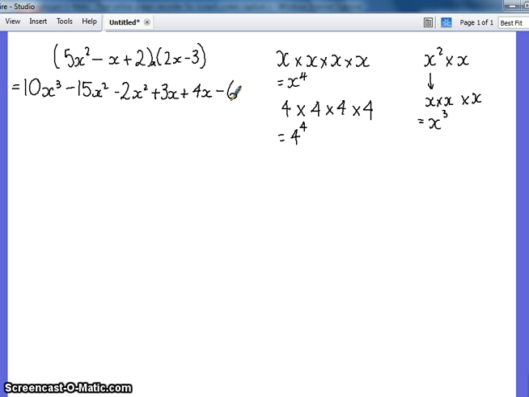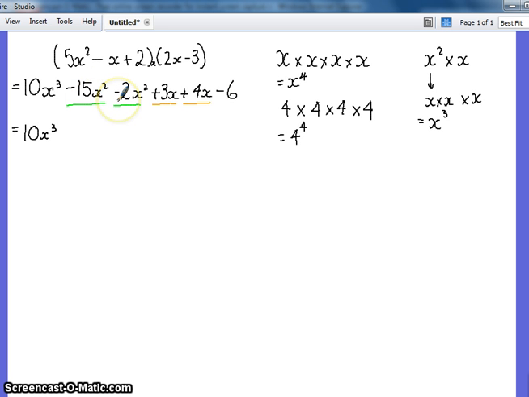So step 1 is to try and follow what you've always known and done. Like terms, like terms. The rest aren't, are they? So it's a matter of 10x cubed, and there's no other x cubes there, that's why there's no like terms.